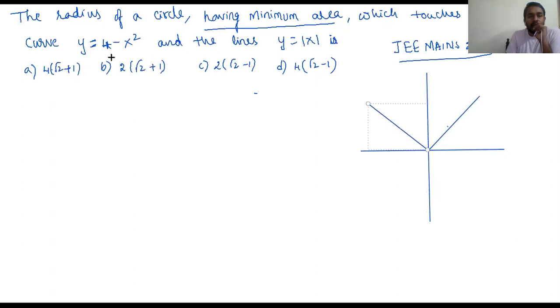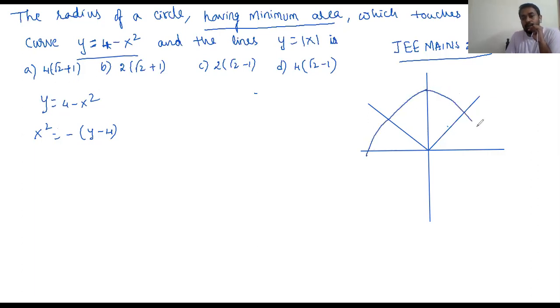And this graph, if I rearrange it, y equals 4 minus x squared, I can write it as x squared is equal to minus of y minus 4. Okay, so which is a parabola, the inverted one because of the negative. So the vertex is at 0 comma 4. So let this be 0 comma 4, a parabola.